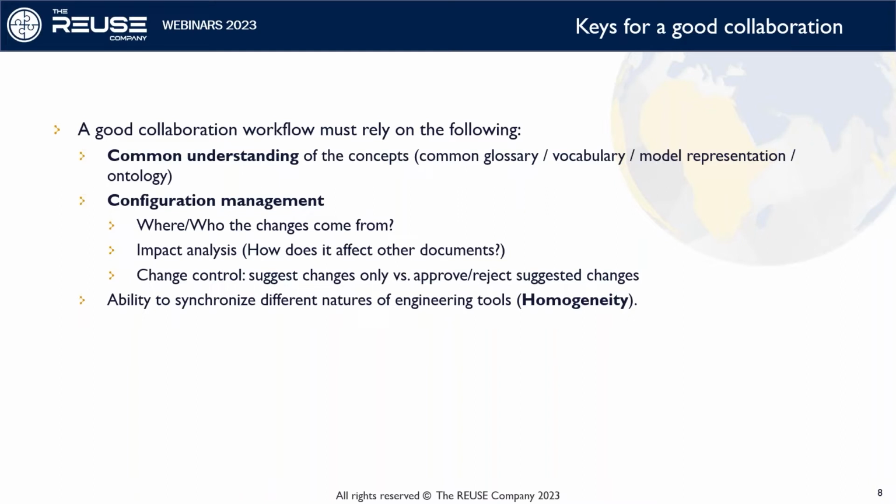And also finally, the ability to synchronize different natures of engineering tools. So since we're working with cross-domain teams and the organizations are being more complex, the nature of tools we're using is also complex, and we need to have an homogeneous tool environment.